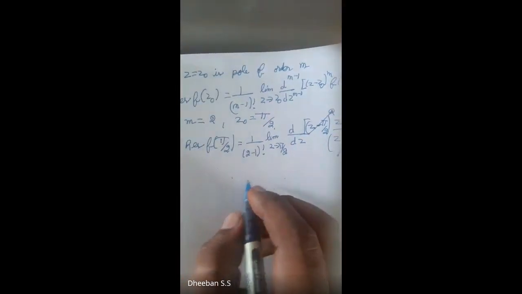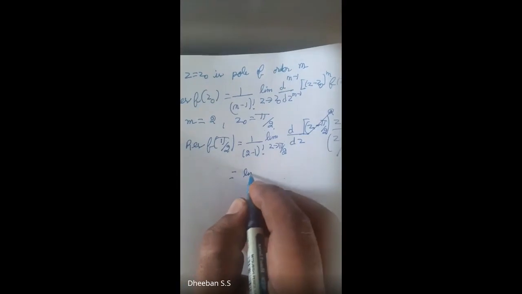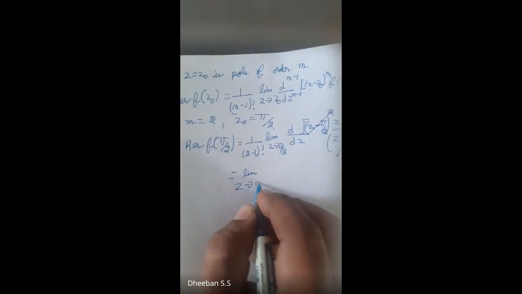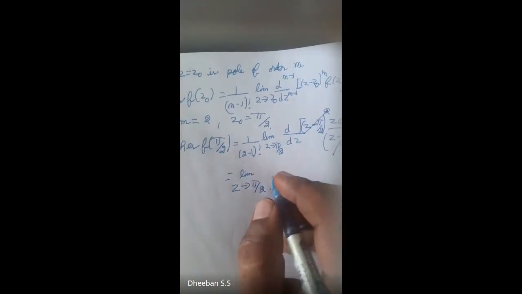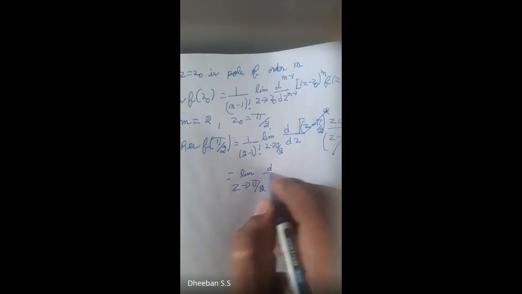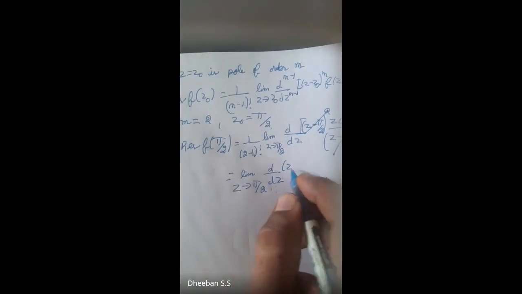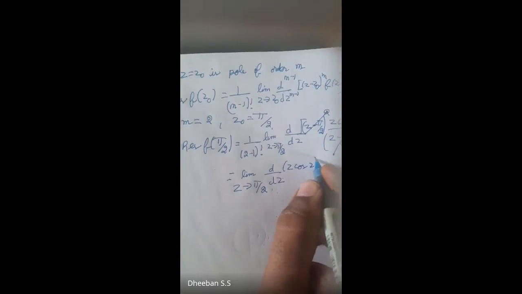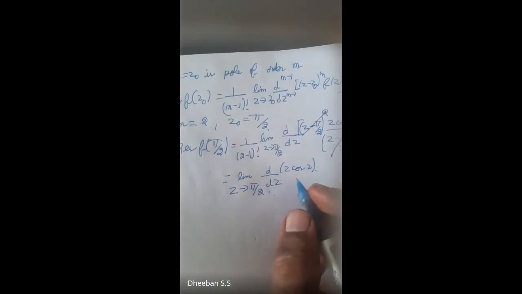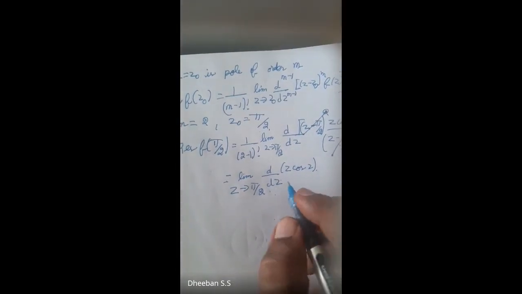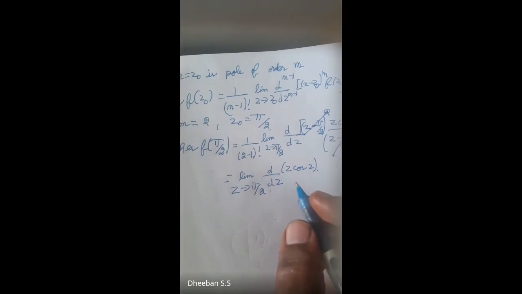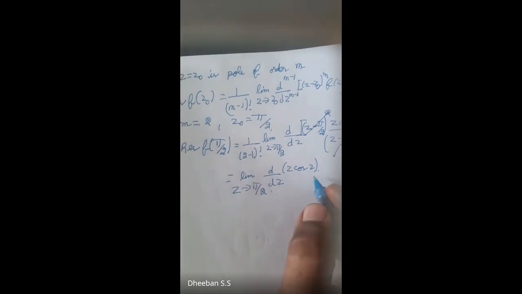So now we'll be getting limit z tends to pi by 2 of d by dz of z into cos z. Now we have to differentiate this; it is nothing but uv, so the derivative is uv dash plus vu dash.